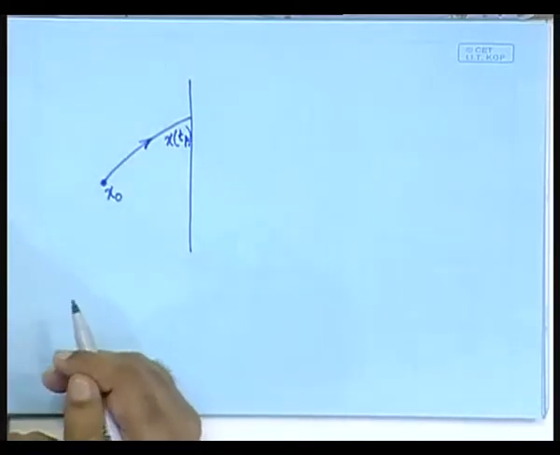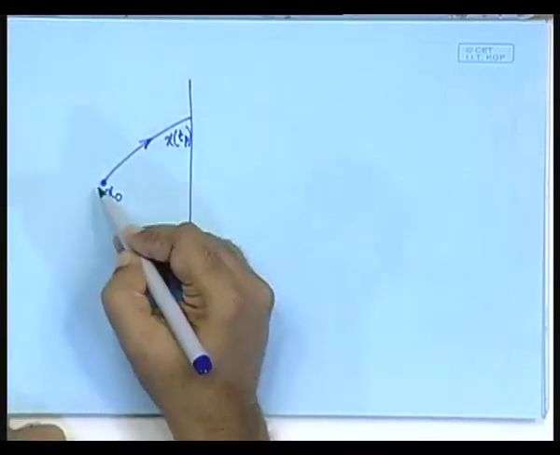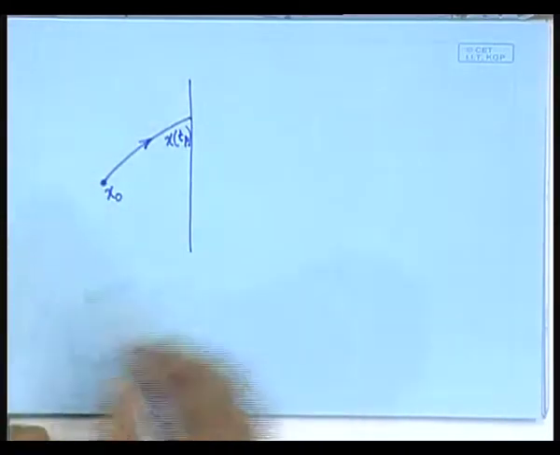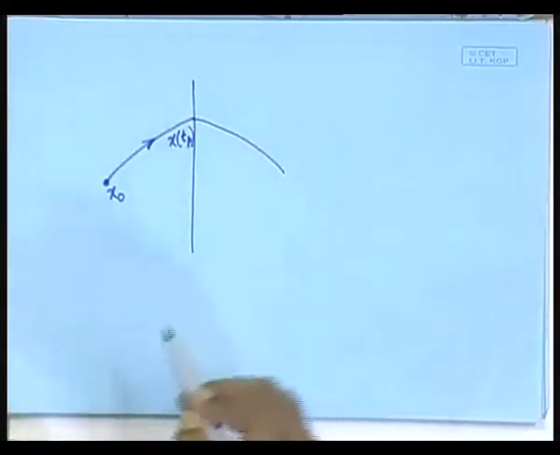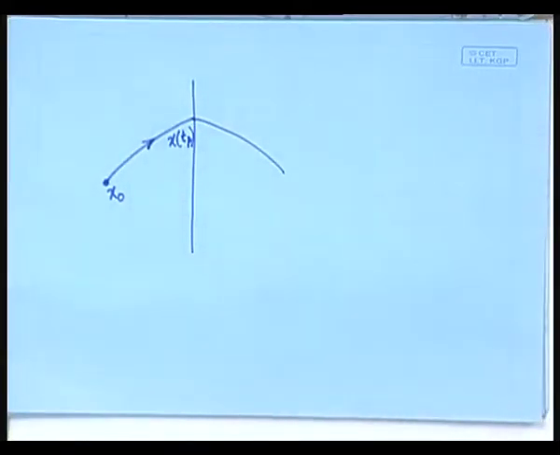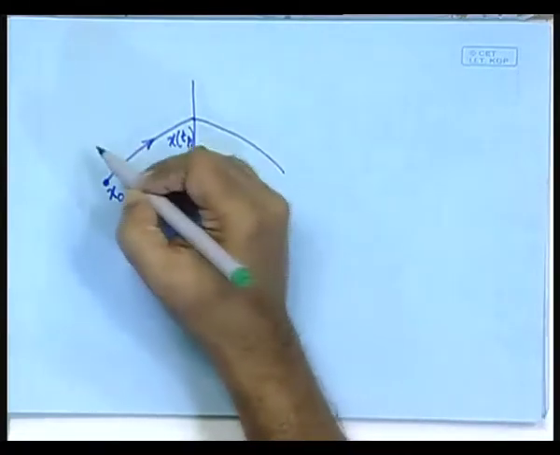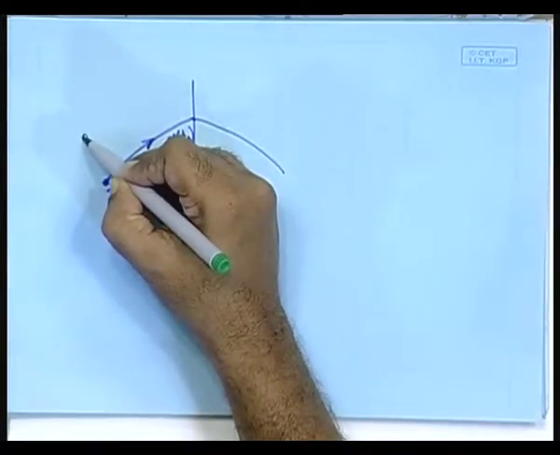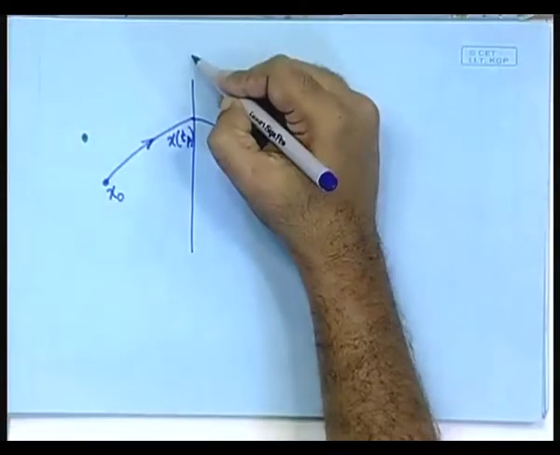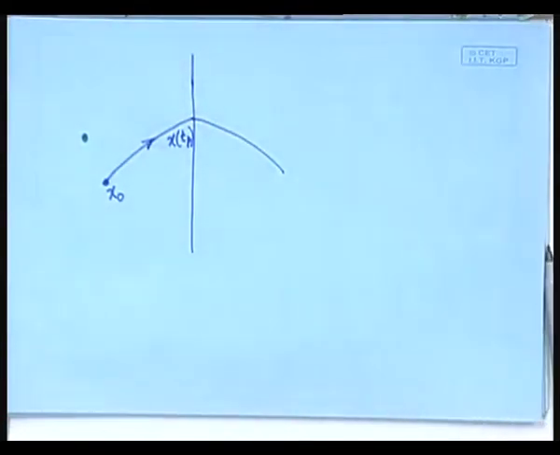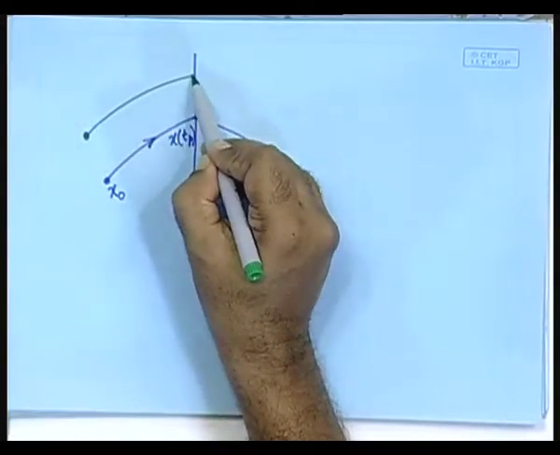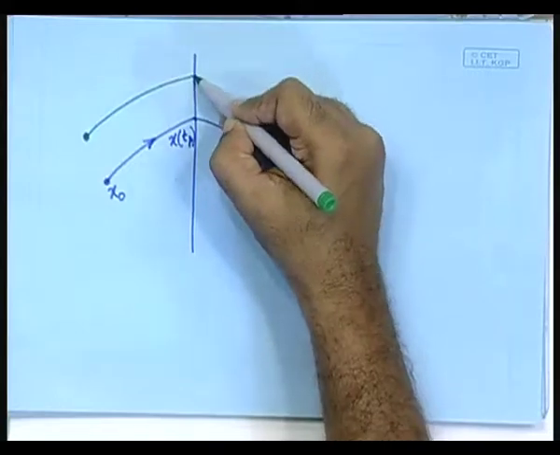Tp is the time when it reaches, 0 is the time when it starts, and Tp is the time when it reaches, and then it goes off. Okay. There is a part of a trajectory that starts from this point, and it also goes and reaches, and from this point it goes off.